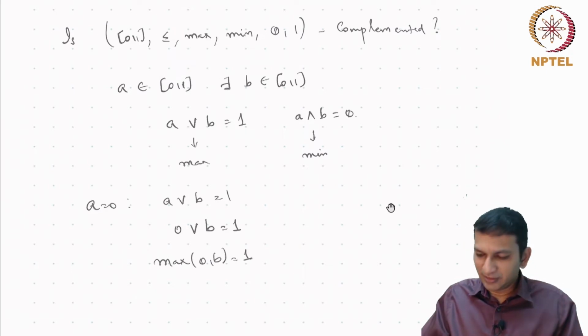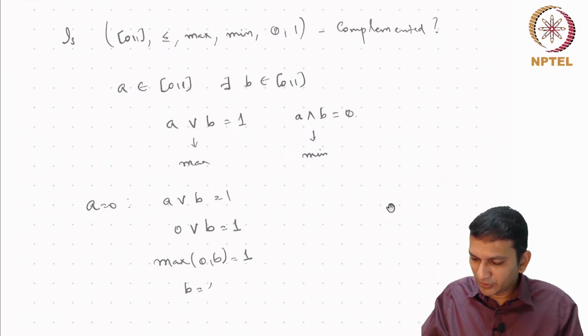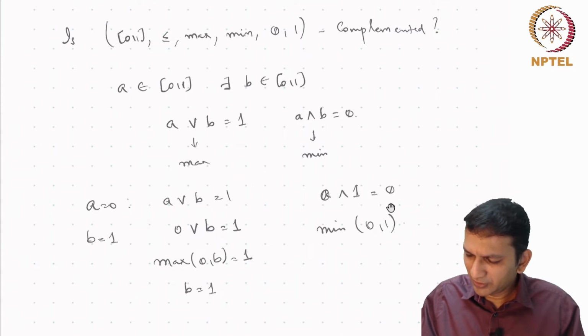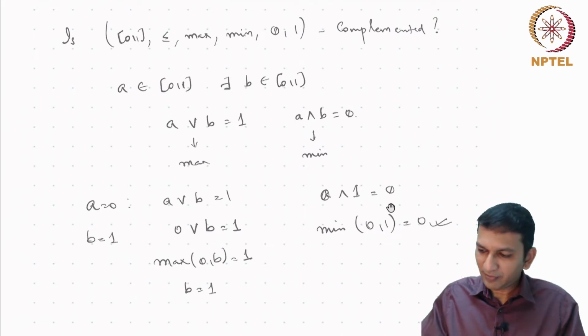It is clear that B has to be 1. So if A is 0, then its complement B is 1. Now let's verify whether this is true also for the second identity. That means we are asking the question, is 0 meet 1 equal to 0? It's nothing but the minimum of 0, 1. We know that this is 0, so this identity holds.